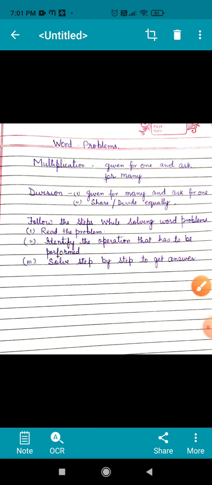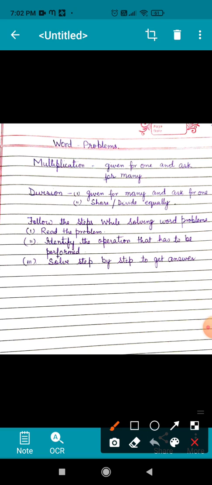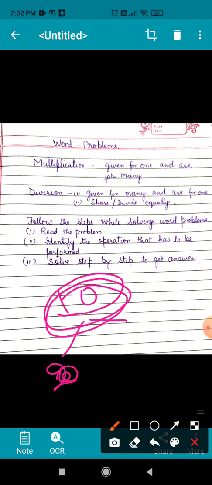Similarly, you want to distribute 10 chocolates among your 2 friends equally. Then can you tell me how many chocolates each friend will get? You are distributing 10 chocolates among your 2 friends, means you are dividing.